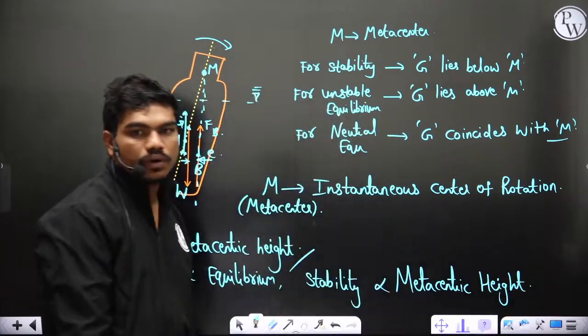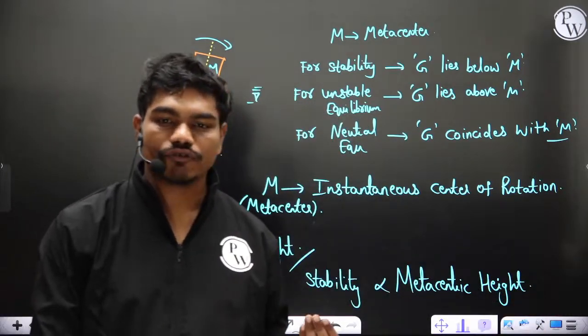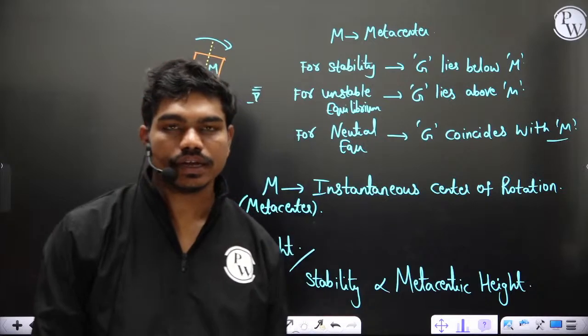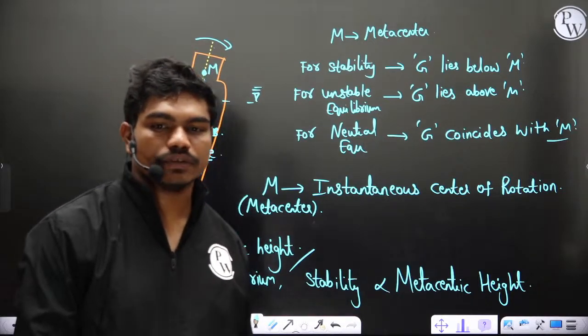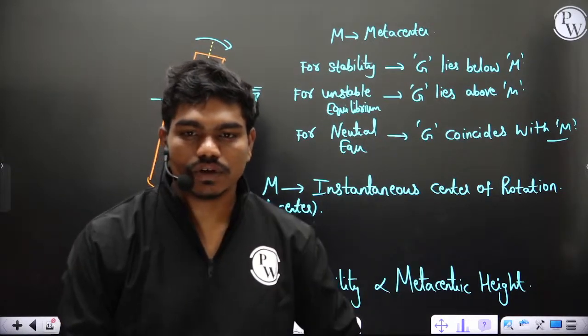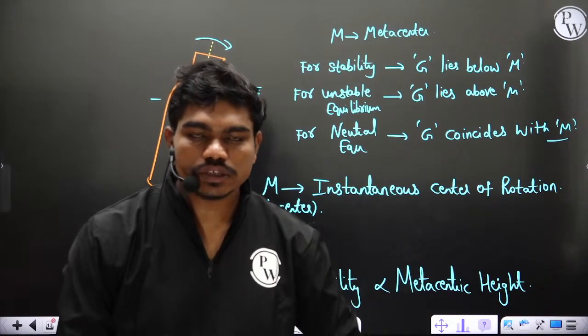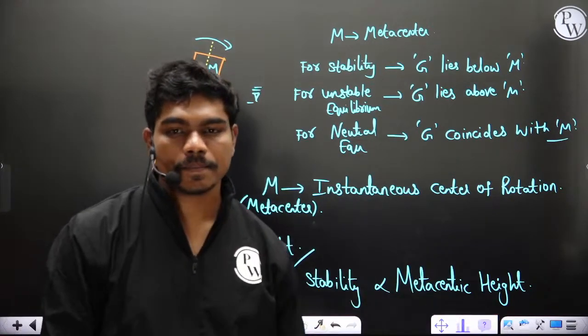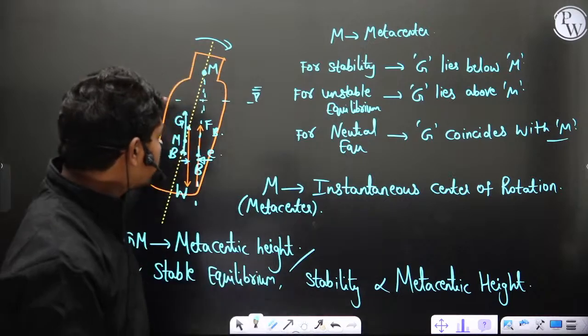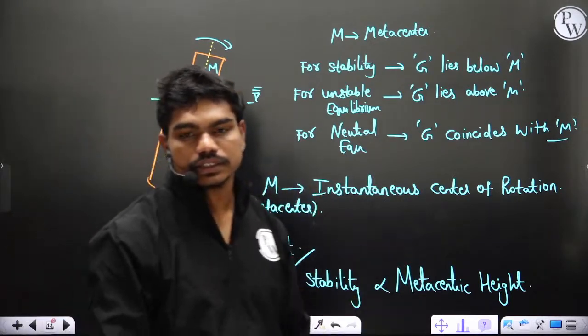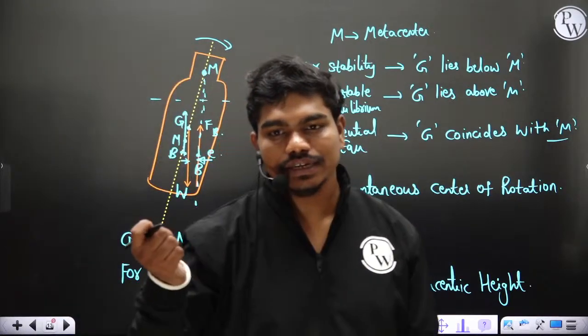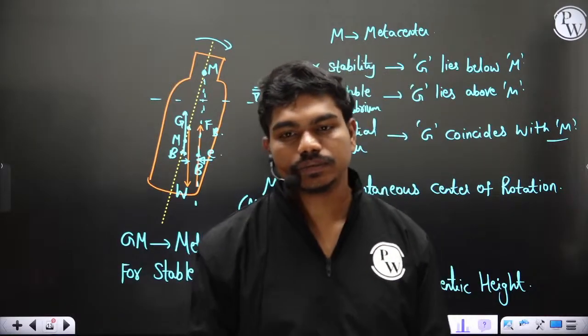Normally you keep very high values of GM in actual cases, such as ships which travel a lot. In what situation does FB displace more? When the tilting is more, the point of buoyancy, the center of buoyancy, displaces by a larger amount.